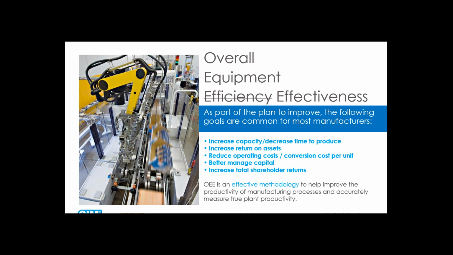So it is an effective methodology to help us improve the effectiveness and productivity of manufacturing processes across industrial verticals. So it could be pharmaceutical, food and beverage, automotive, across different types of manufacturing. So, discrete, continuous, batch type manufacturing processes. It's a measure that can be used in various different ways.